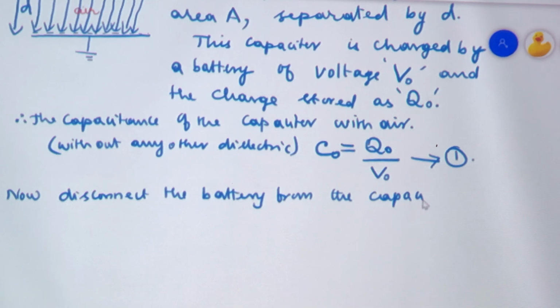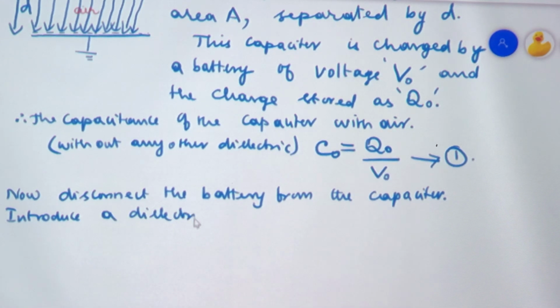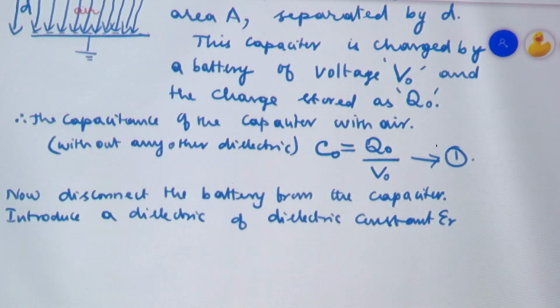After disconnecting the battery from the capacitor, introduce a dielectric of dielectric constant epsilon r in between the plates, replacing air.